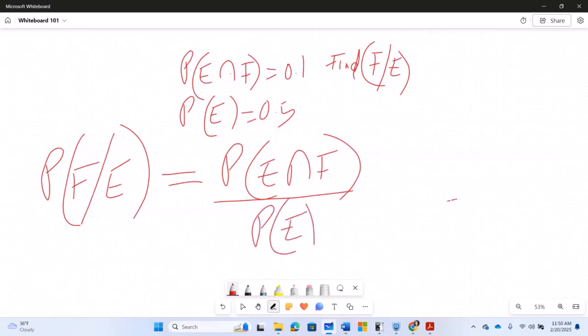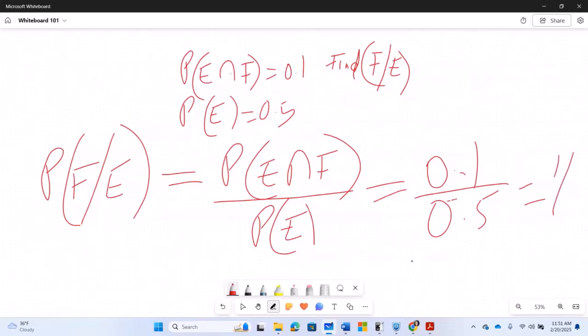Write the formula, make sure you write the formula. And then substitute in the formula, they gave you everything. The probability of E and F is 0.1. The probability of E is 0.5. Find the probability of F given that E happened first. That is 1 out of 5.